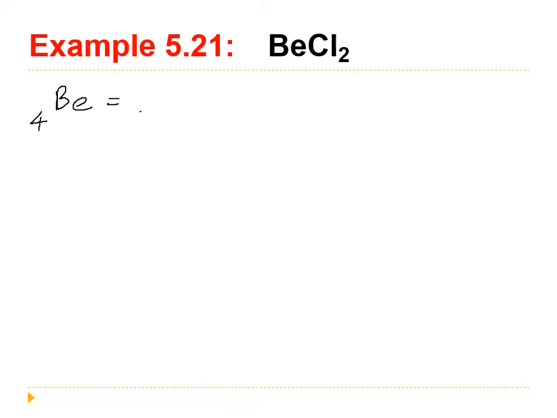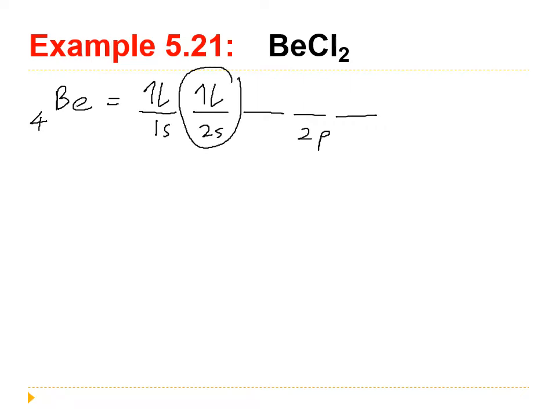So I am going to draw here a simple orbital diagram: 1s, 2s, and this is the 2p orbital, which is empty, since we have only 4 electrons for beryllium. The inner electrons are these 2 and the outer electrons, or the valence electrons, are here.